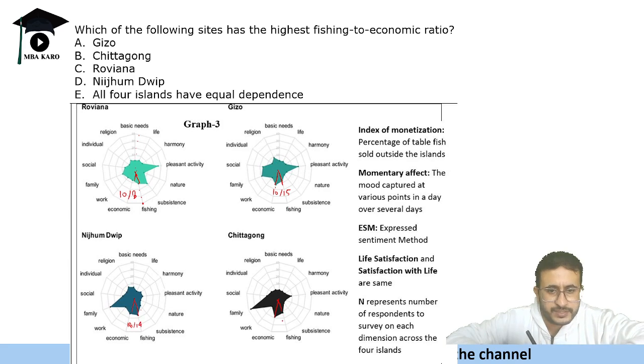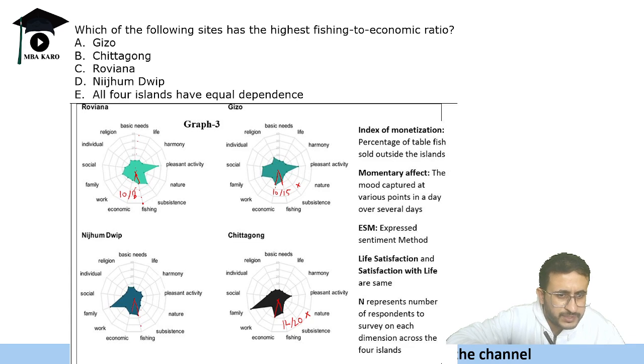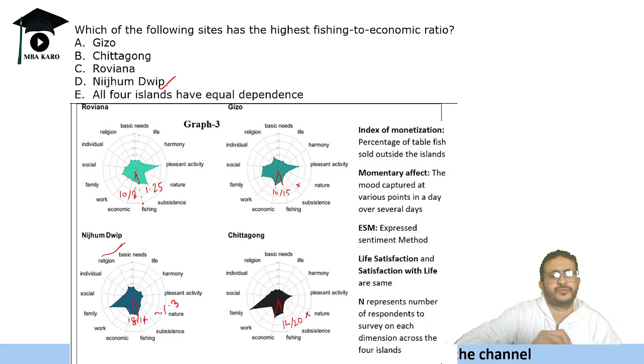This is 12 and somewhere 20. So this is not the answer. This is not the answer. It has to be somewhere between these two. So this is 18, and because the graphs were not clearly readable, we read it as 18 by 14. This is roughly 1.3. This is 1.25. So this has the highest. Nijhum Dweep had the highest. This was the answer.